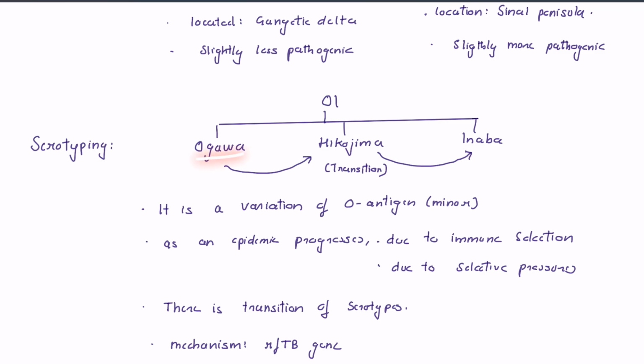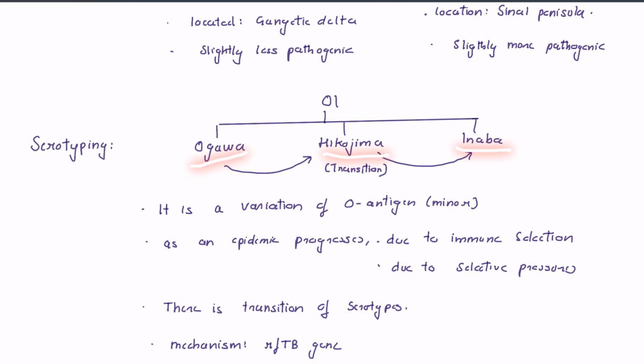Ogawa and Inaba are like the extremes. Ogawa is at the start and Inaba is at the end of an epidemic, and Hikojima is the transition stage. So when an epidemic progresses, it first is Ogawa, then it goes to Hikojima, and then it goes to Inaba.